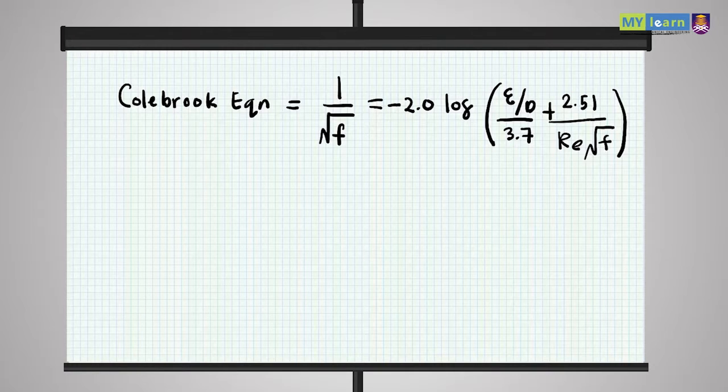And what you have to do right now is solve for this F over here in order to know the friction factor. Hard, isn't it? So that's why instead of using the Colebrook equation, we will show you something much easier, which is called the Moody Chart.